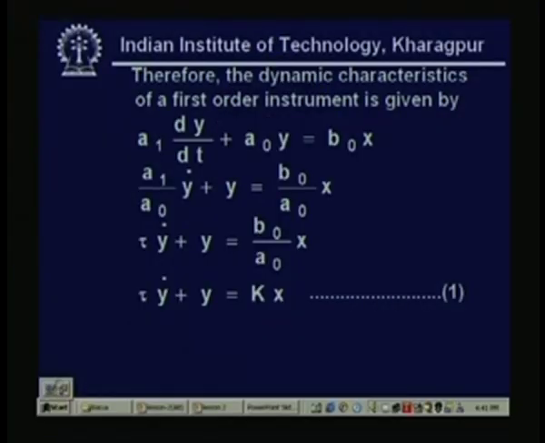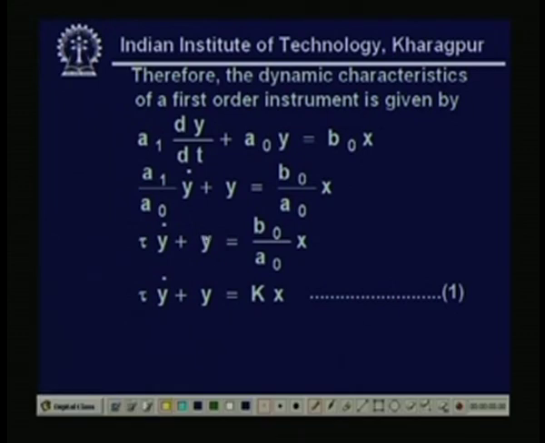So, we have multiplied the entire equation by 1/A0, and I get the equation A1/A0 y dot plus y equals B0/A0 times x. Here, dot replaces dy/dt. Now I replace A1/A0 by tau, so tau y dot plus y equals k x, where k equals B0/A0.